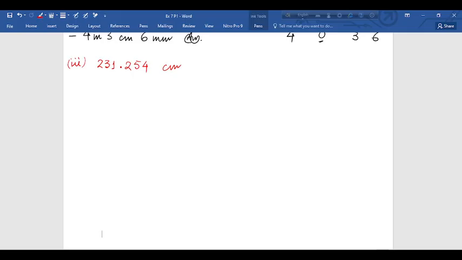Okay, what I was telling, either you can write the whole structure or the structure that is required to solve this particular problem. So initially we will write the whole structure, that is kilometer, hectometer, decameter, meter, decimeter, centimeter and millimeter. Now 231.254 centimeter.